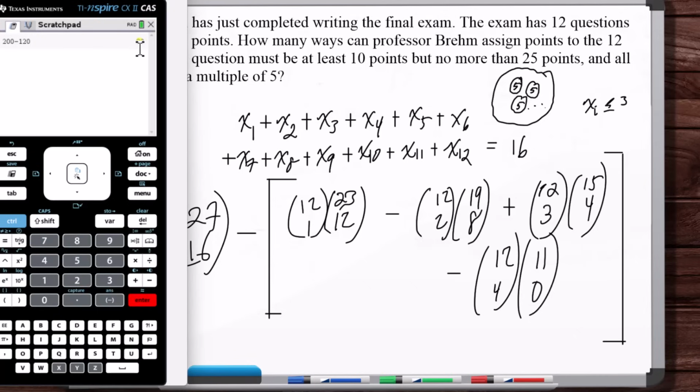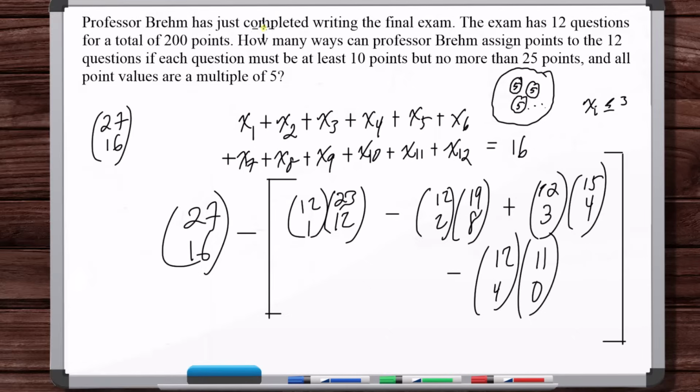So if you have 12 questions for a total of 80 points, and the point values of each question have to be multiples of 5, but each question can be worth no more than 15 points, then that's the total count.